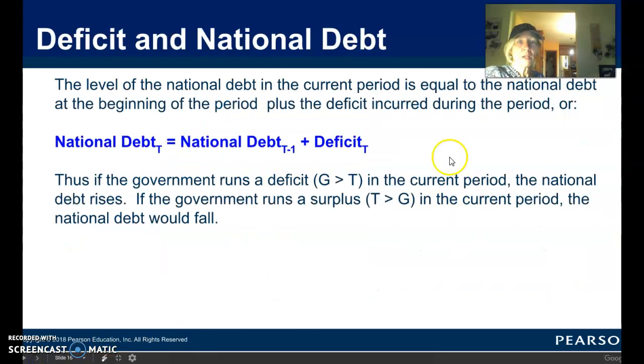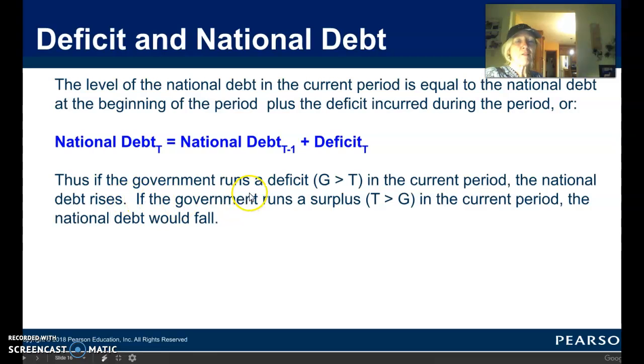Okay. So this is the deficit and national debt, which is something your book does a very good job covering. It's kind of interesting, actually. So the level of the national debt in the current period is equal to the national debt at the beginning of the period, so January 1, plus the deficit incurred during the period. So a budget deficit is when you fall short. So they have the little formula here, but this is really the good part.